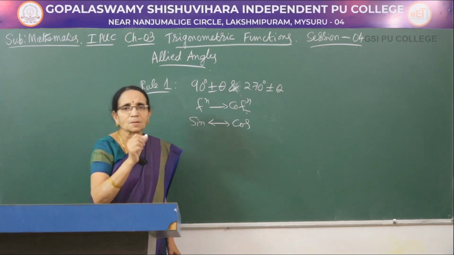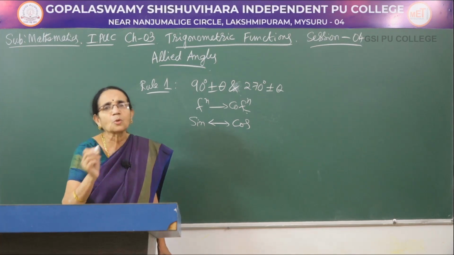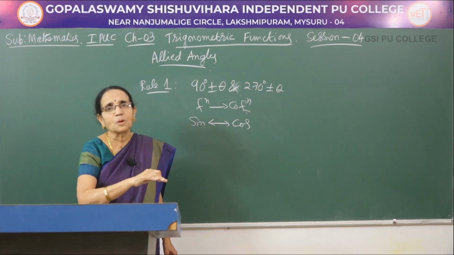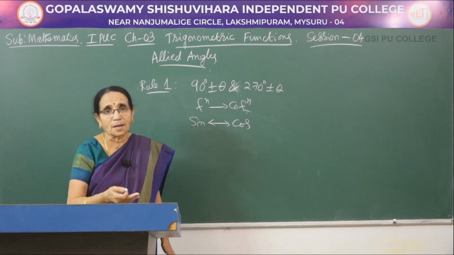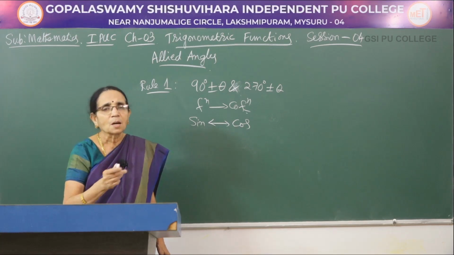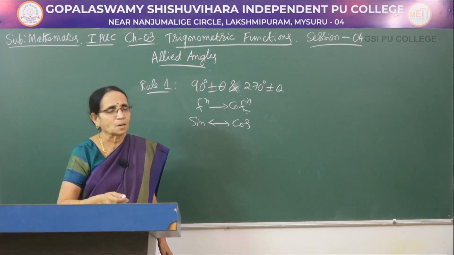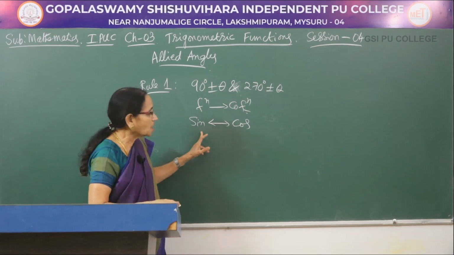You may remember sine, cosine, tangent, cotangent, secant, cosecant. So for three ratios, CO has been added before. For short we write cot, it is actually cotangent. Cosine, for short we say cos. And secant, cosecant.